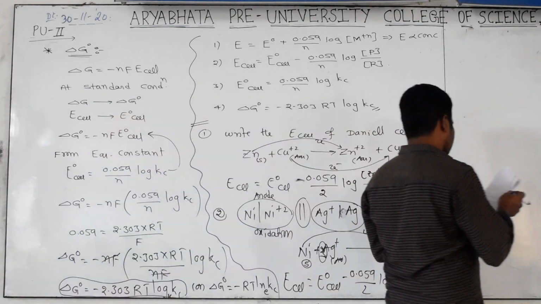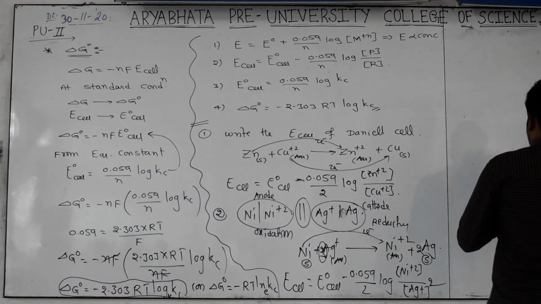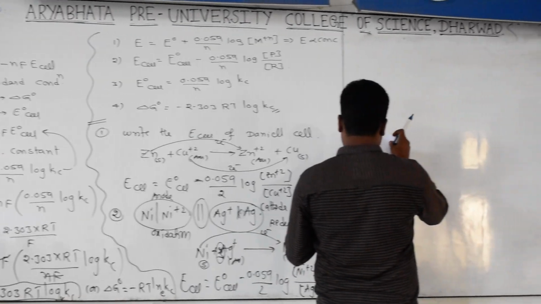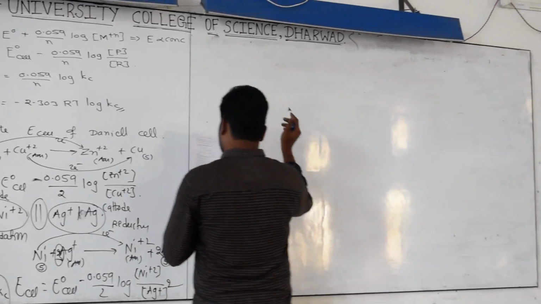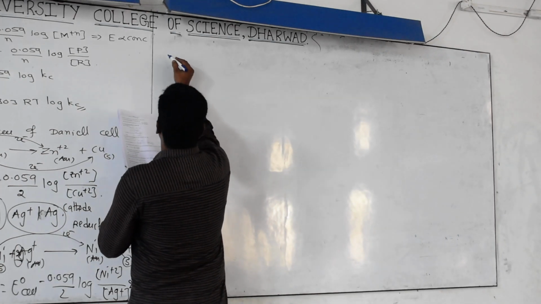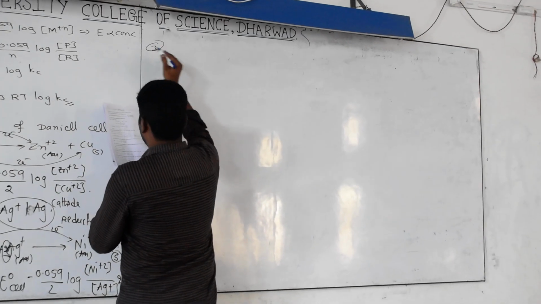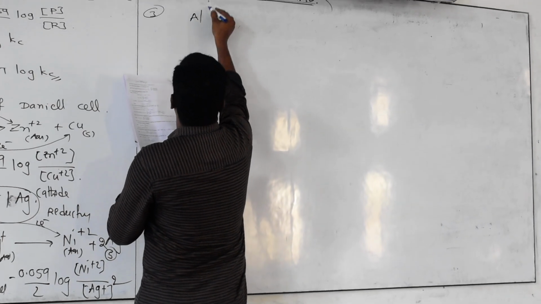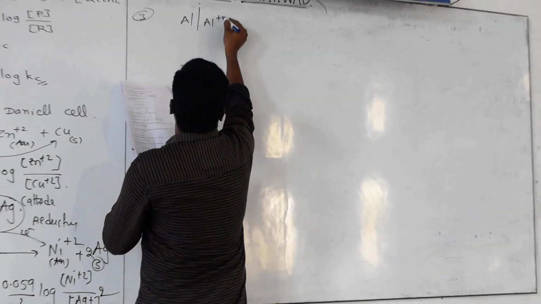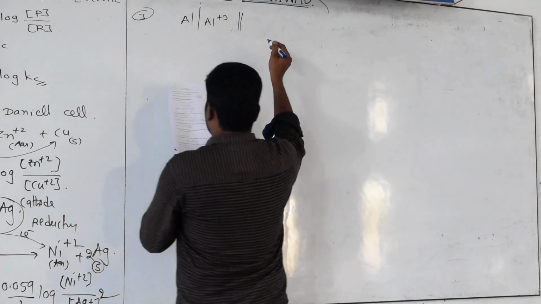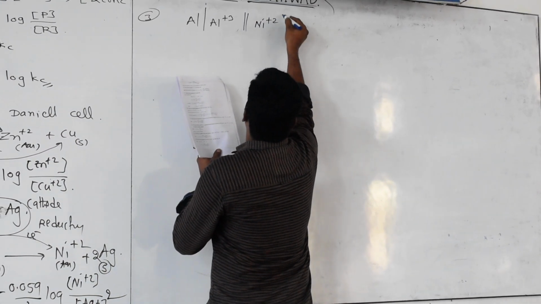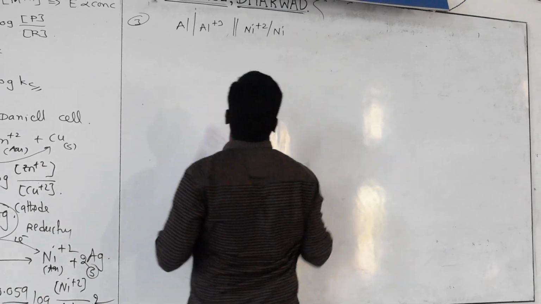Okay, can I give some other? Write down the EMF of this cell for this reaction. Aluminium converting into Al3+, salt bridge, Ni2+ is converting into Ni.